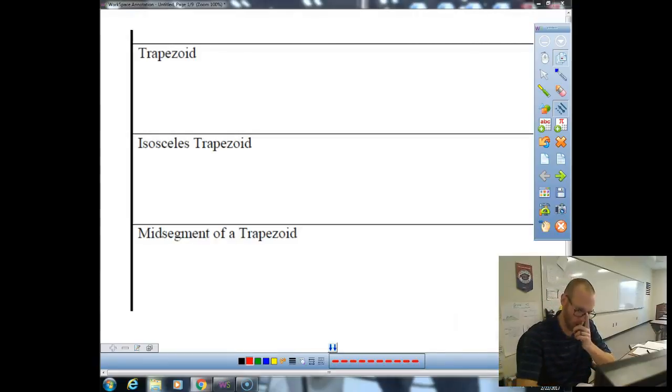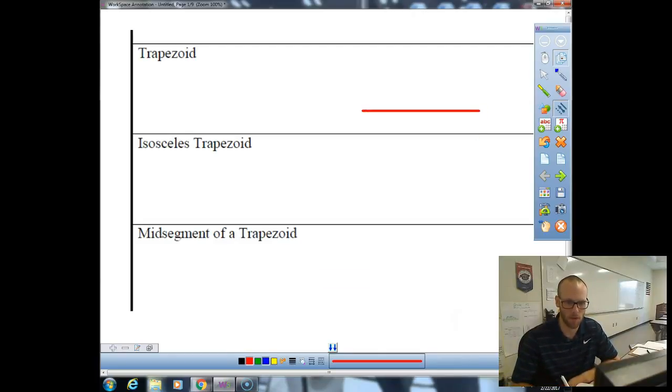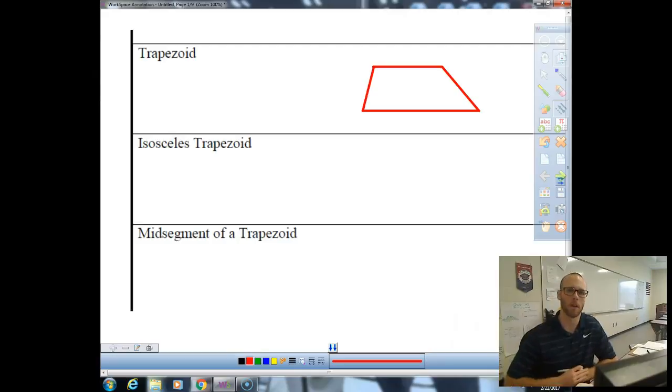Okay, definition of a trapezoid. Well, let's draw one first. If I'm going to draw a trapezoid, I'll probably draw something like this. Okay, like this. And then I'll come over here about like that. So I just did my best there to try to draw a trapezoid. What makes it a trapezoid?